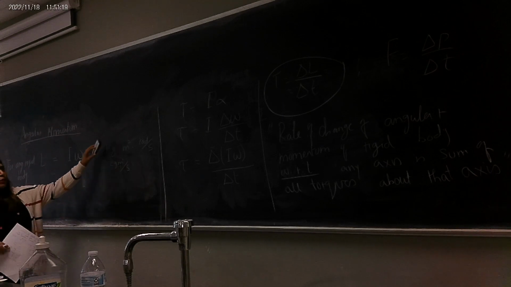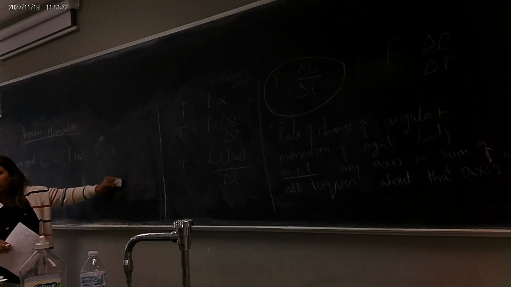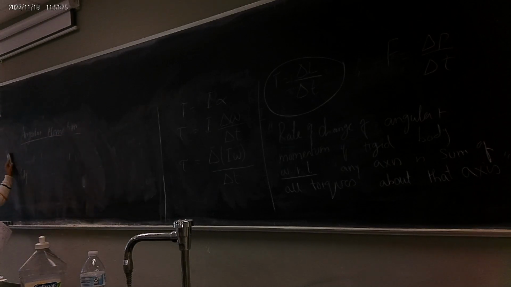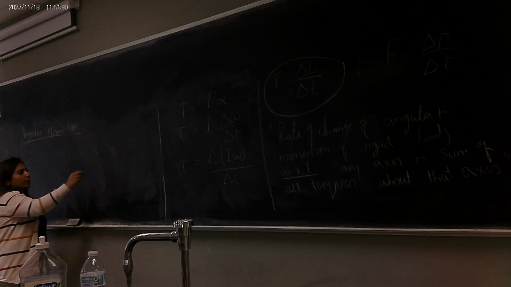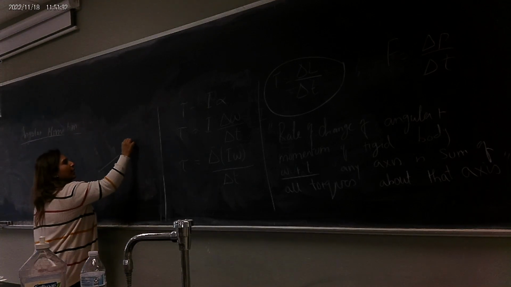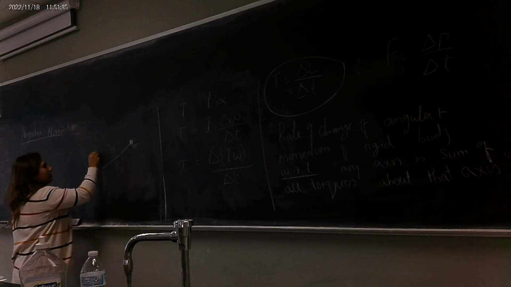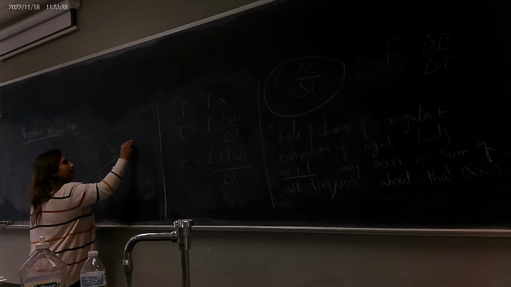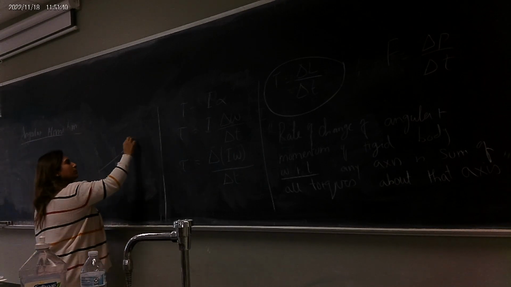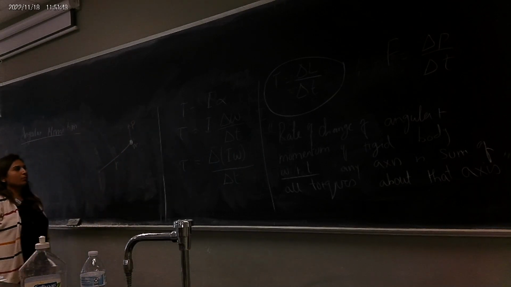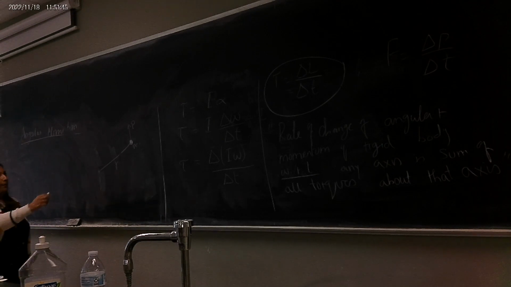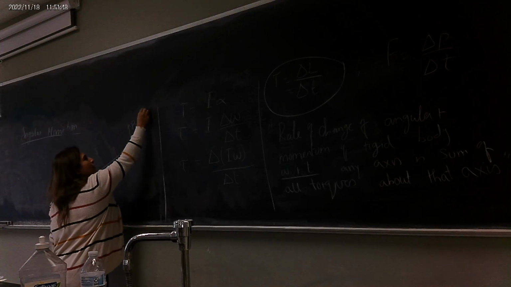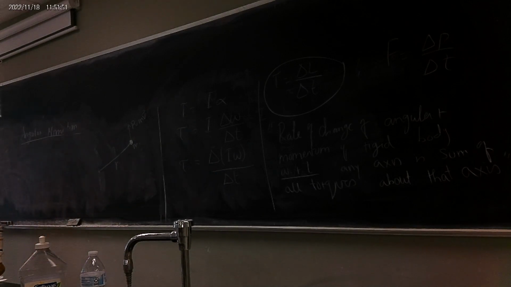Now this is the case when you have a rigid body, like a sphere, disc, or a ring. But if you have a single mass, the formula changes. If you have a single mass going about a rotational axis at distance r, we can write its momentum in the direction of its velocity. The linear velocity is along the tangent at any point in that curved path.